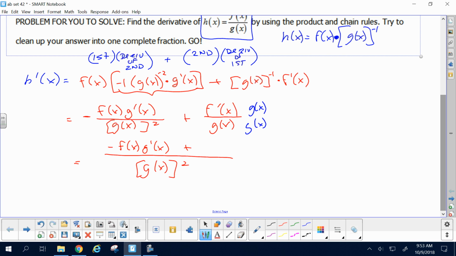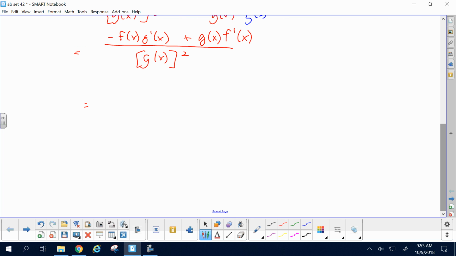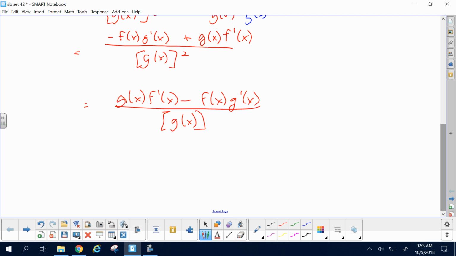Do you agree? Okay, so I'm going to write that as g f prime. Last but not least, would you tweak the order so it's written this way? And so it rhymes. g of x, f prime of x. I'm going to write the positive term first. Minus f of x, g prime of x, over this g of x squared.